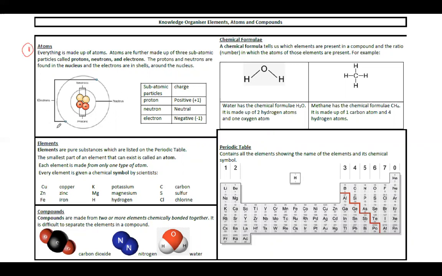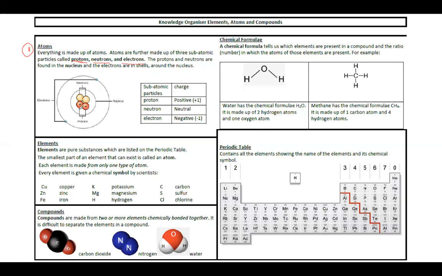Generally, atoms look a little bit like this. They have a nucleus in the middle with the positive protons, and the nucleus also contains our neutral neutrons. Then we have shells surrounding the nucleus, and these shells will contain our negative electrons.